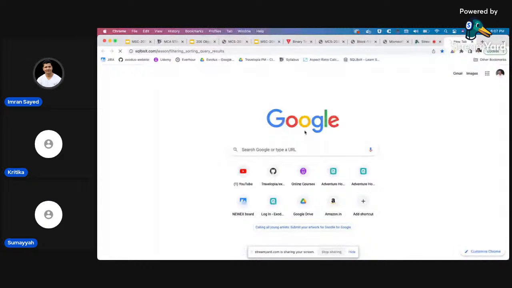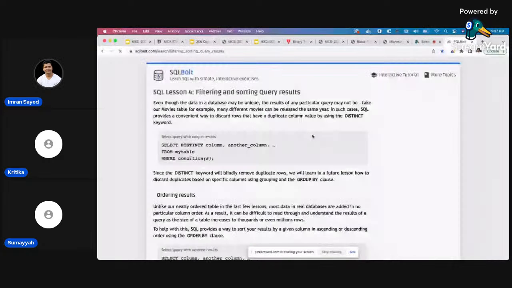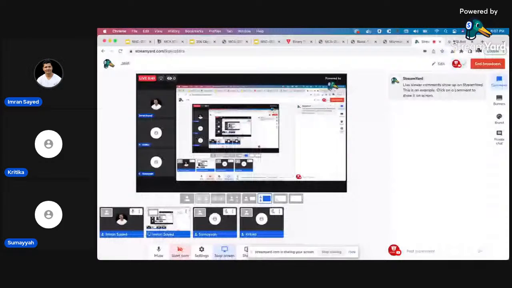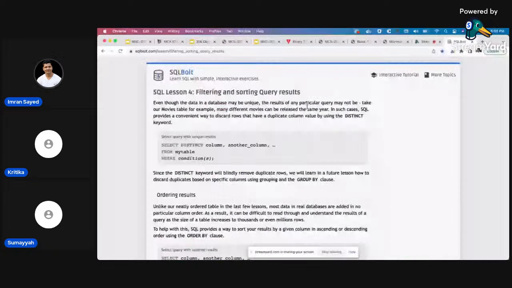So we did till lesson 3 yesterday, and now we're gonna do further. So this is data filtering and sorting query results. Even though the data in the database may be unique, the results of any particular query may not be. Take our movie table for example. Many different movies can be released in the same year.